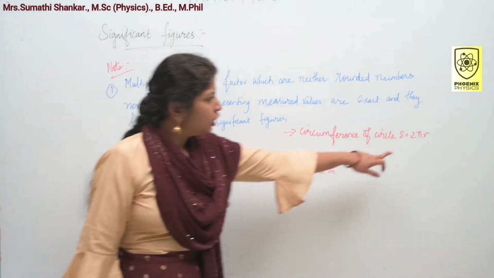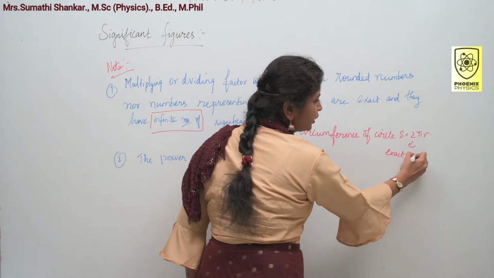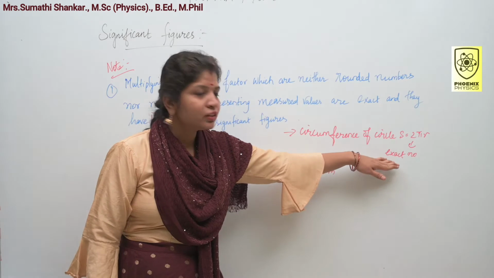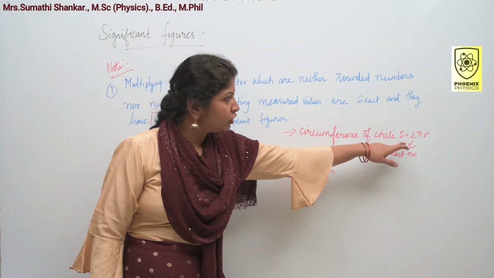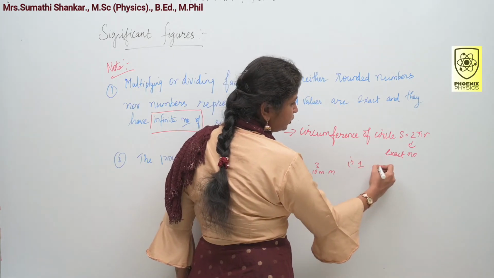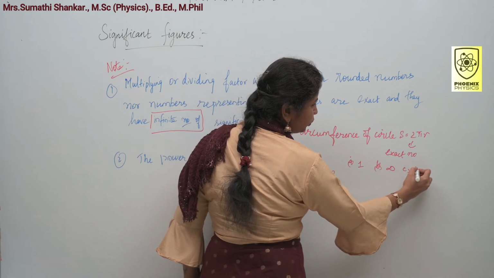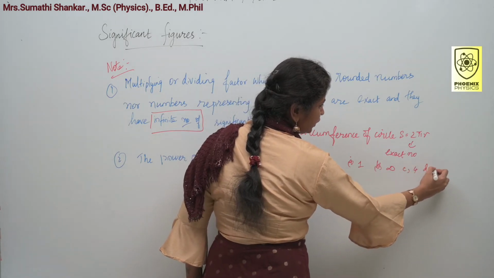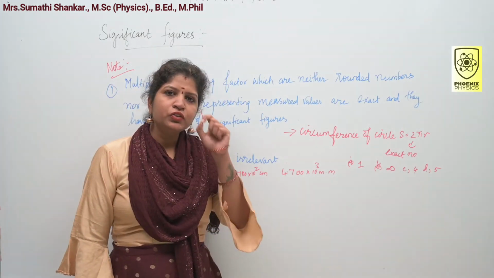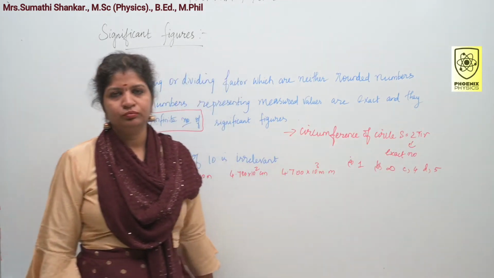Here 2 is an exact number, that is a constant. Now tell me what is the significant figure for this number. I will give you options. Option A 1, option B infinite, option C 4, option D 5.